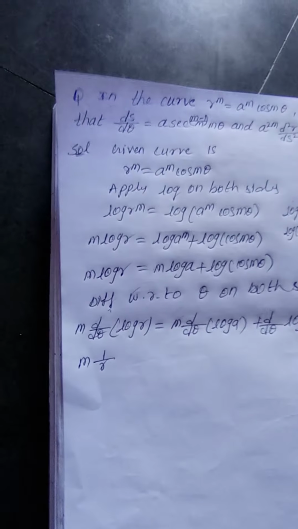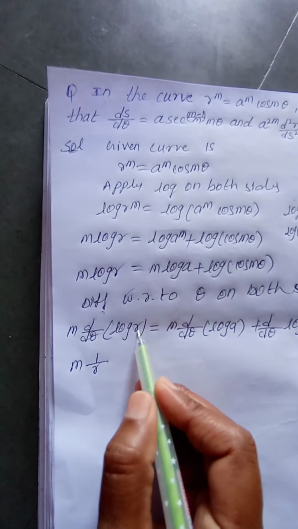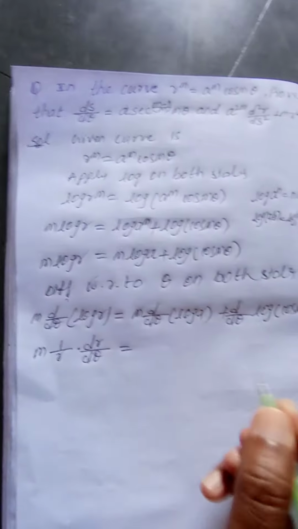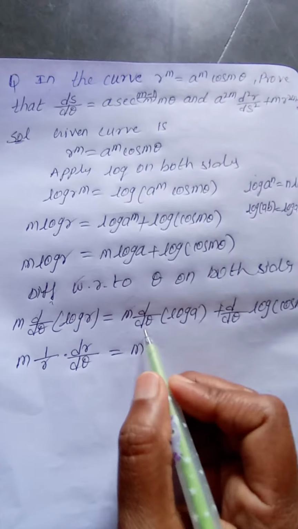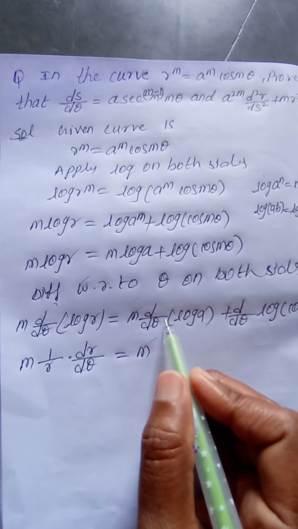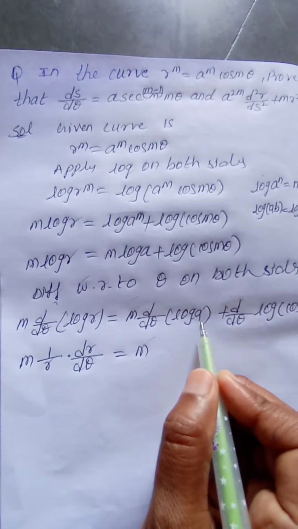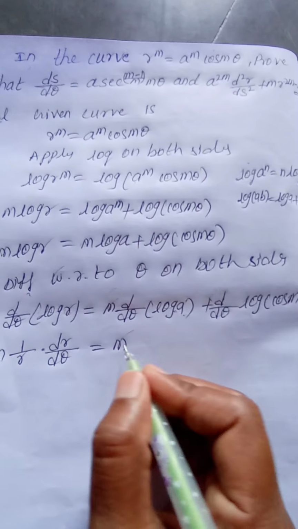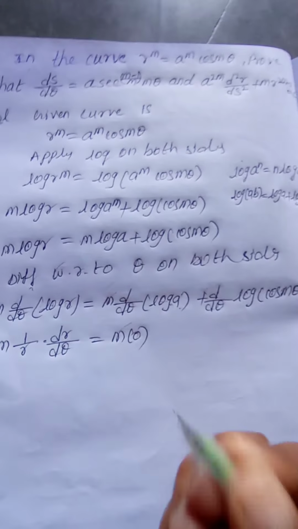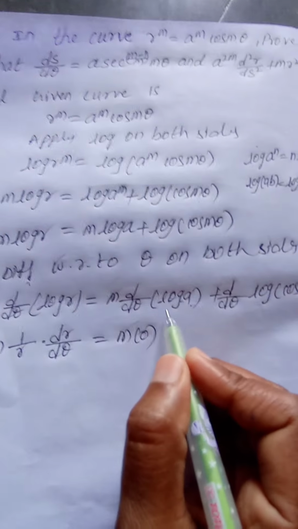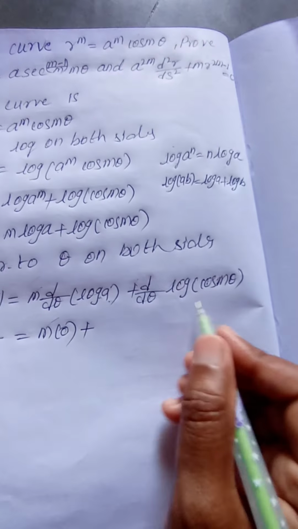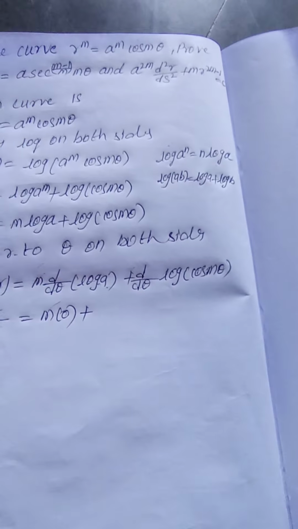Next differentiate the internal part, so the internal part is r, so dr by d theta. On the right, it is in the form of d by dx of constant. So a is constant, so log a is also constant. So this is total constant, so this is 0. d by d theta of constant is 0, plus d by d theta of log of cos m theta.